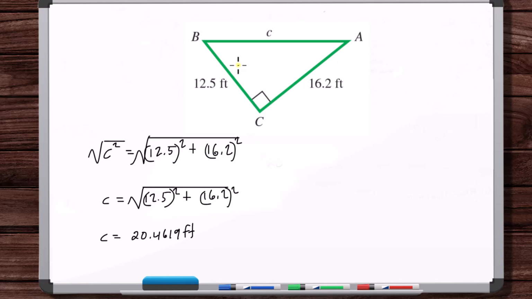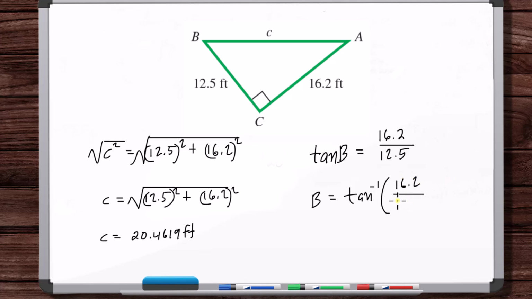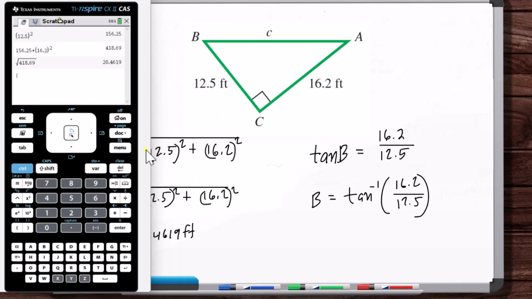Okay, now the angles, we just need to get one of the angles, and then we can do 90 minus that other angle. So let's use tangent. Why not? Here we can use tangent because tangent of B is opposite over adjacent. So opposite over adjacent is 16.2 over 12.5. So B is going to be the inverse tangent of this on the calculator. And it's going to give us an acute angle.